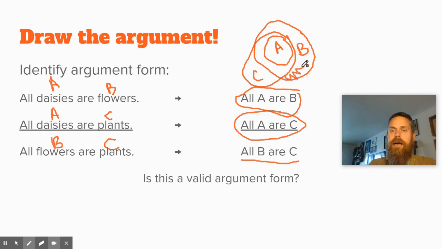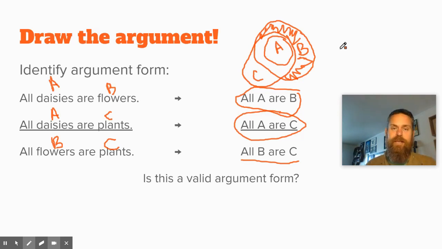Or are there a ton of B outside of C? I was able in my drawing to break this form of argument and show it therefore as invalid. I've now proven that this is an invalid form. So while it could be true, remember, truth and validity for our purposes are two different things. It is clearly invalid. Valid versus invalid.